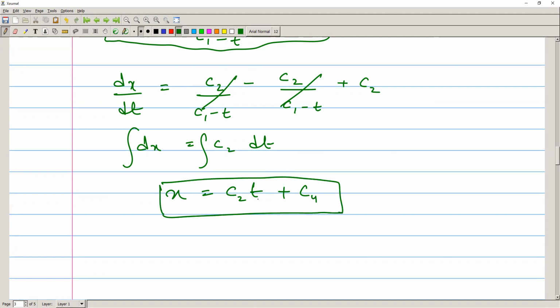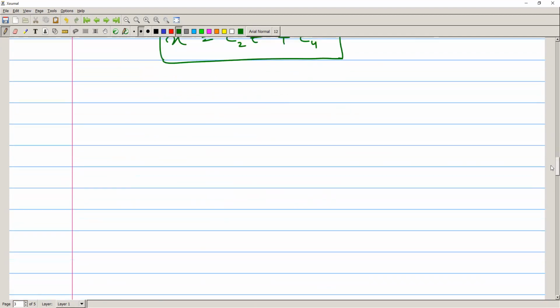Now the next step is to apply the initial conditions. We now have 5 equations, and we are only given 3 initial conditions. The first condition is x of (s, 0) is equal to 1. The second condition is y of (s, 0) is equal to ln s, and the third condition is z of (s, 0) is equal to 1 minus s.